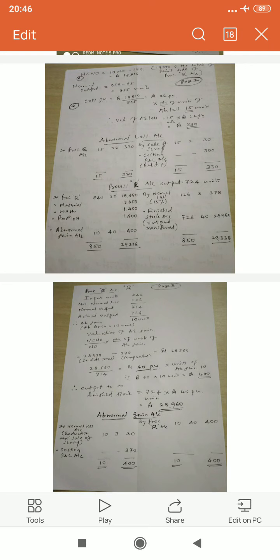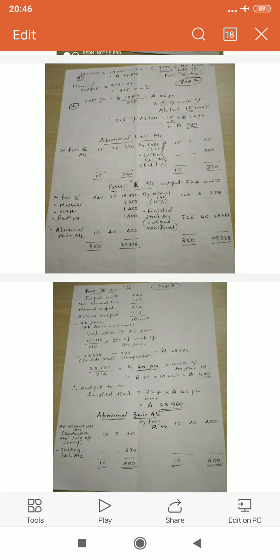Then how much would be the remainder? 28,938 minus 378, remainder is 28,560.